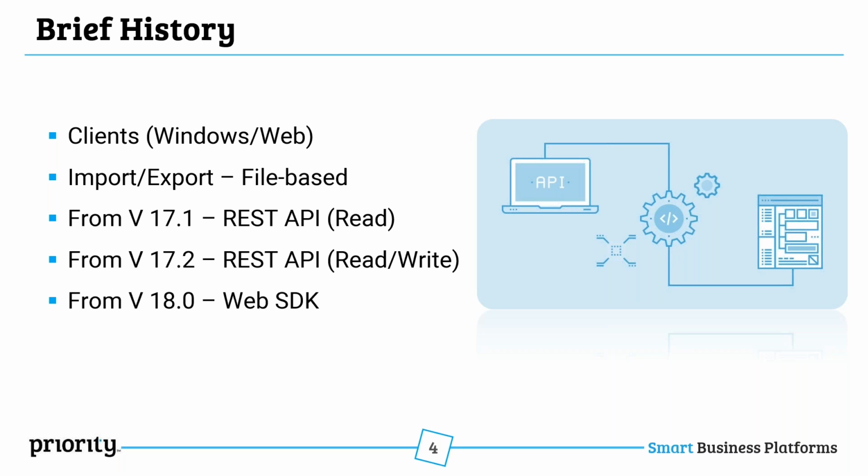In addition to those clients, you could use a procedure generator in Priority to create simple HTML web pages for MarketGate. And for exporting and importing data from and to Priority, Priority supported EDI, table, and form loads, which are still being supported, of course.